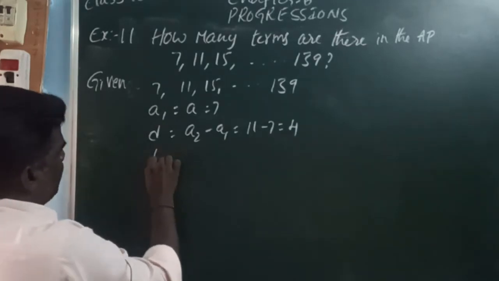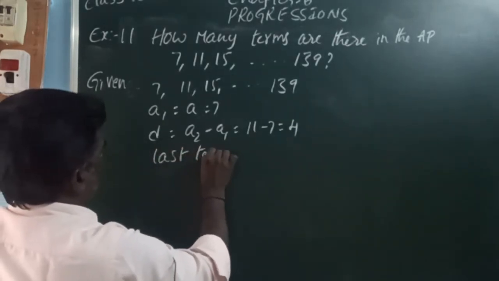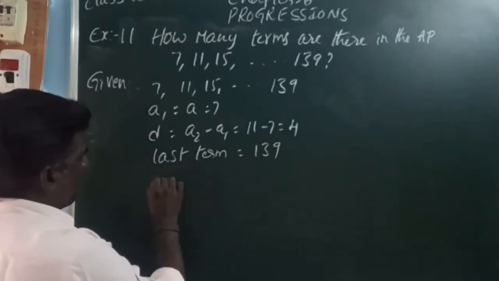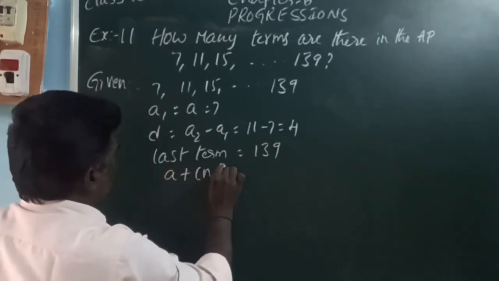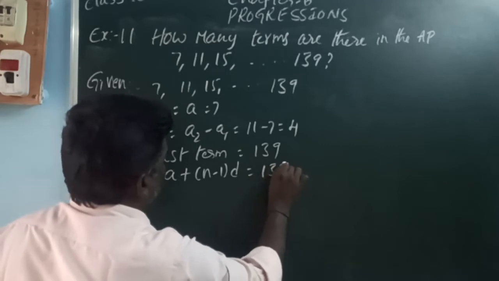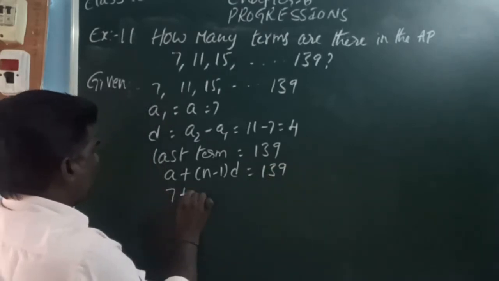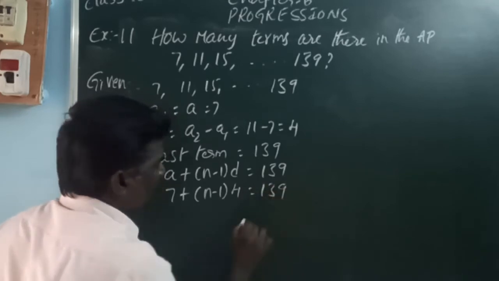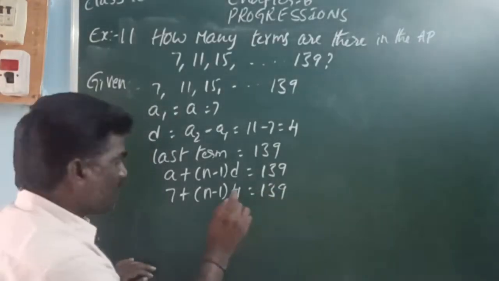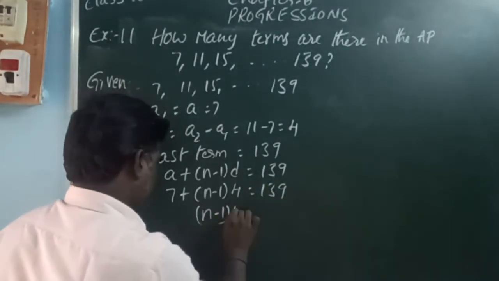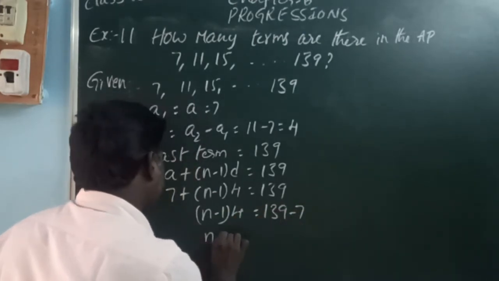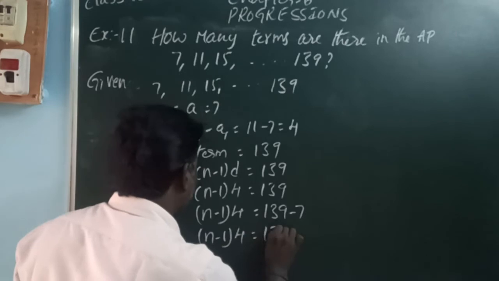So here the last term is 139. So that is a plus (n minus 1) into d is equal to 139. a is 7 plus (n minus 1) into d, 4, is equal to 139. So plus 7 goes over and becomes minus 7. (n minus 1) into 4 is equal to 132.